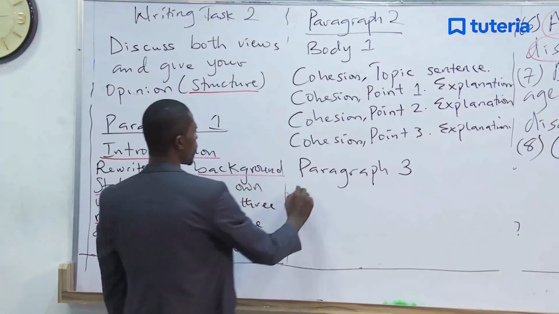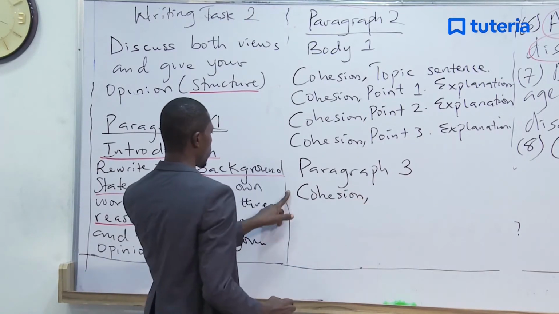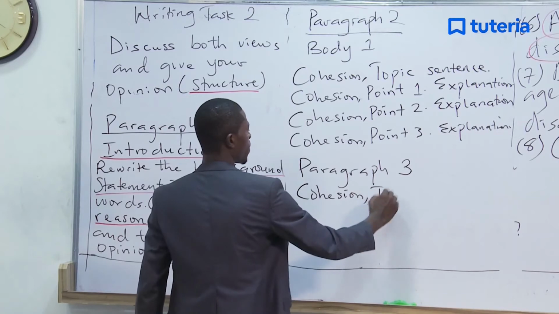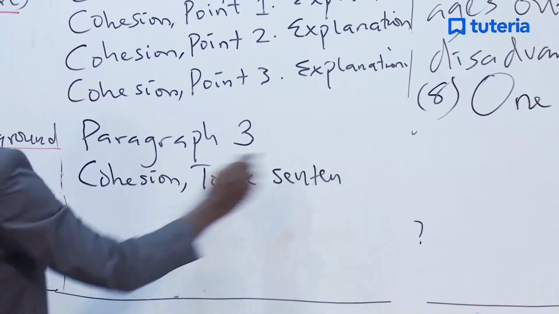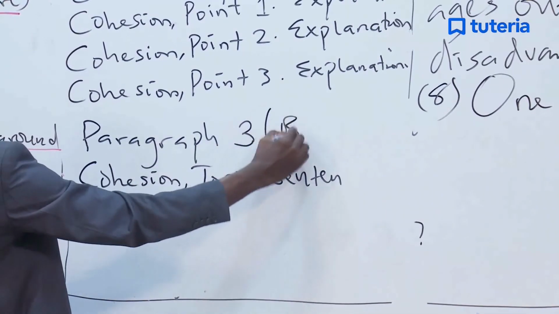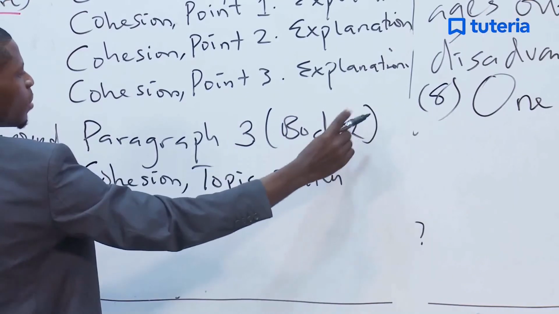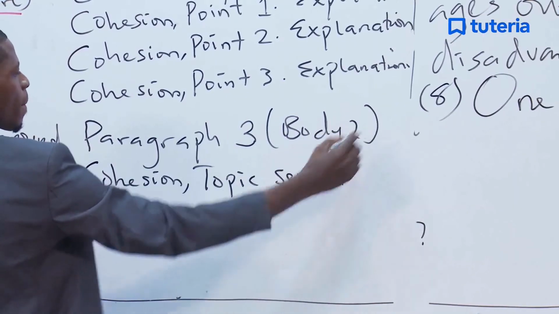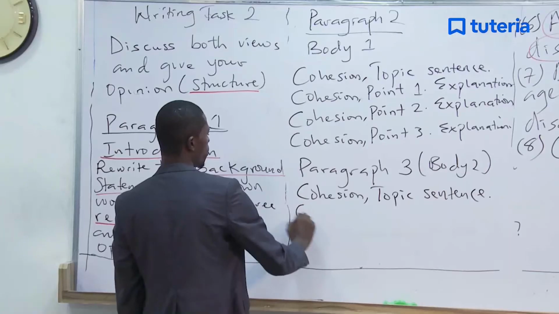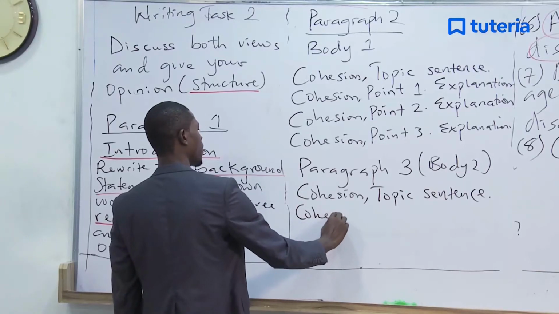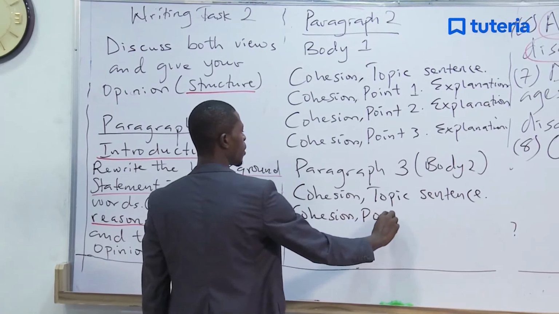Okay? So we have cohesion again. We have the topic sentence. That's body 2, right? That's body 2, yes. Body 2. Topic sentence. Then we have the full stop. Then we have your cohesion again. We have the comma. Then we have the point 1.